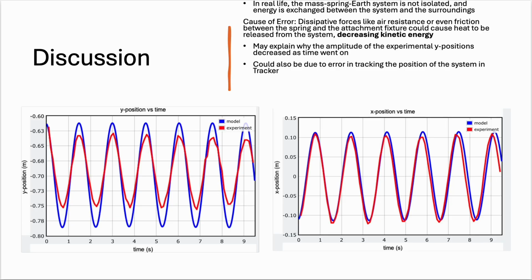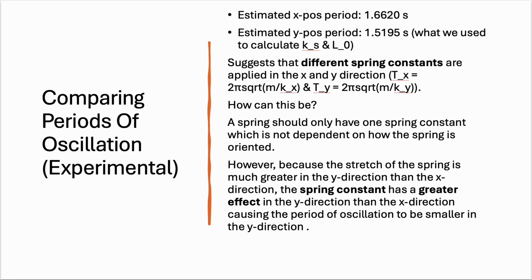So finally, we wanted to compare the periods of oscillation of the experimental data. So we estimated the x position period was 1.662 seconds, and the y position period was 1.5195 seconds, which is the same as we used for the whole experiment. So because they are different periods, it suggests that there must be different spring constants applied in the x and y direction.